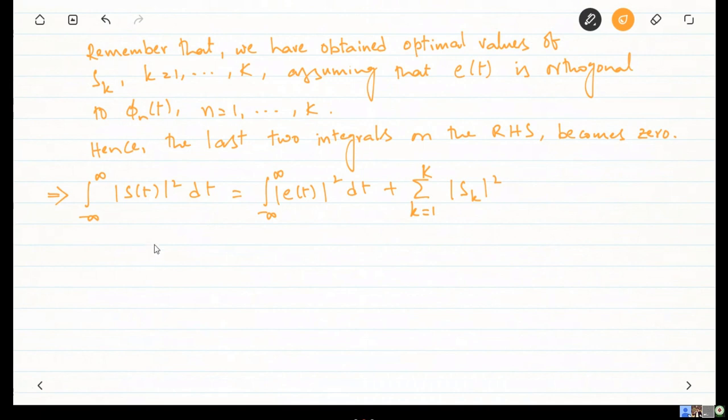Finally, what do we call this? This is the energy in the error signal when we use optimal coefficients.